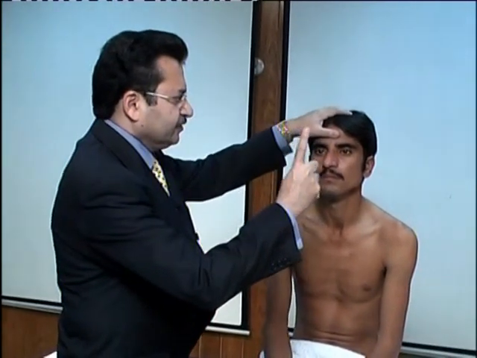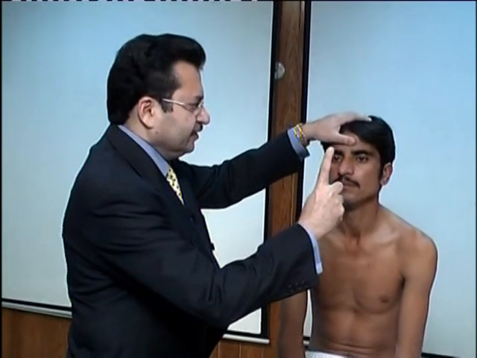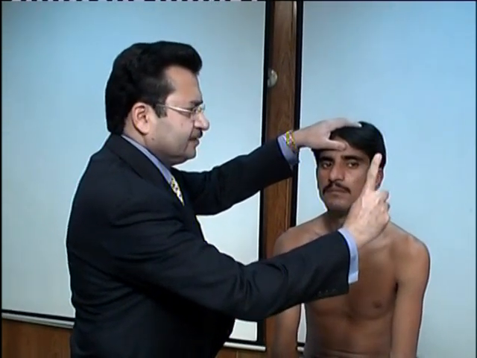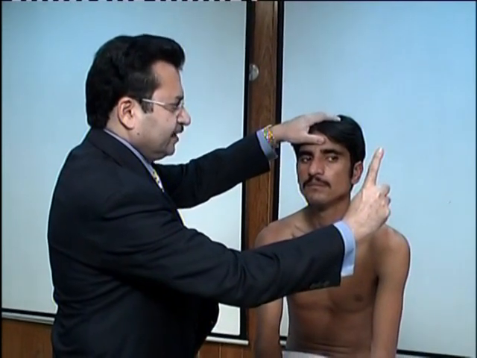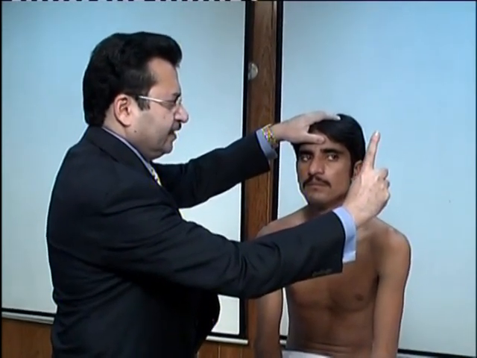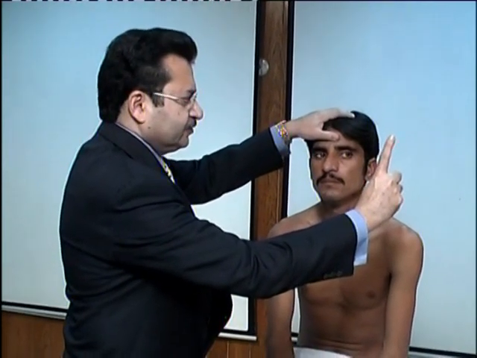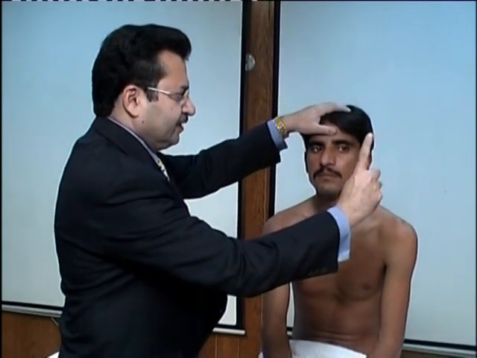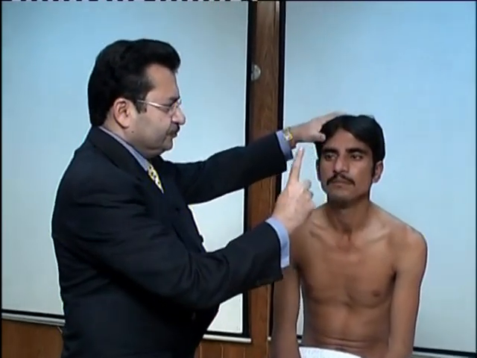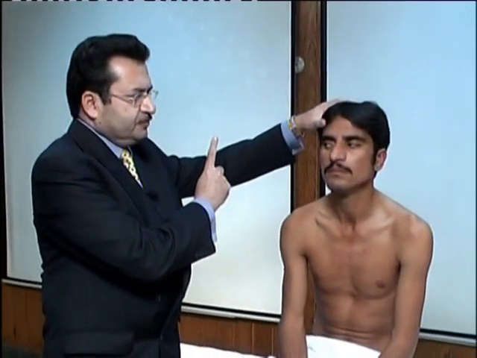Afterwards, by holding the head of the patient and asking him not to move his head, you move your finger to the lateral side of the patient's eye and ask him to follow, and keep it there for 5 seconds, and note the presence or absence of any nystagmus. Sometimes you have to do it on the opposite side as well.